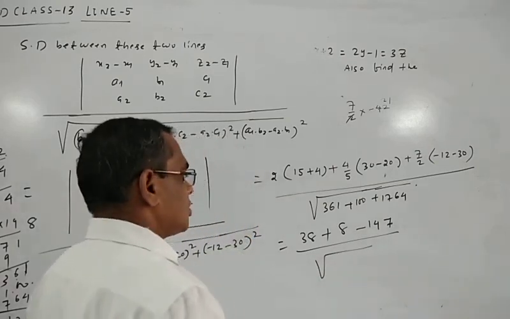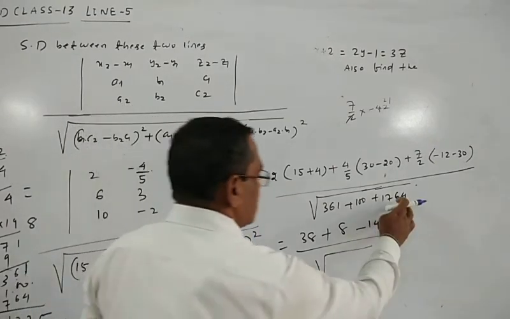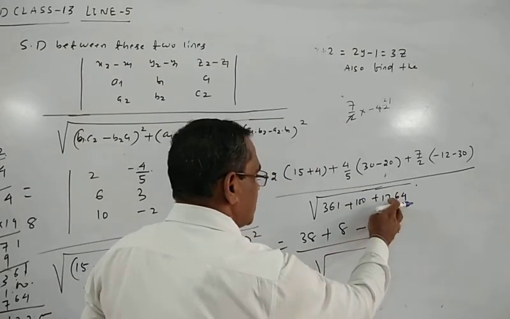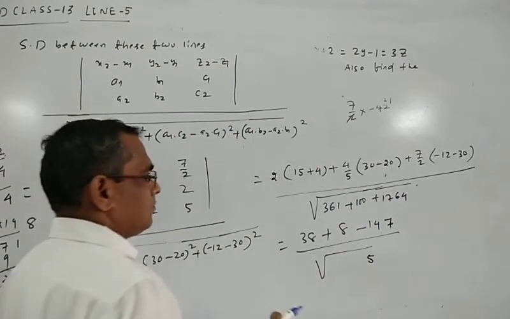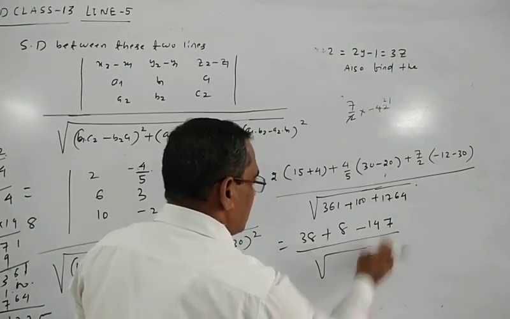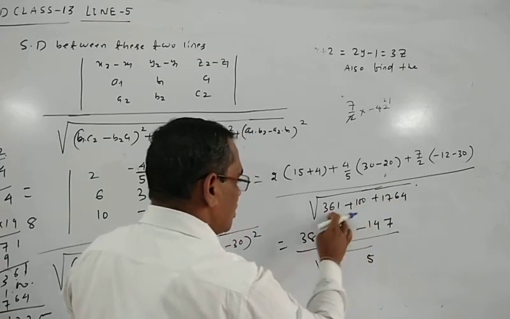Here the sum is 4 plus 1, 5, 6, then 6 plus 0 plus 6, 12.